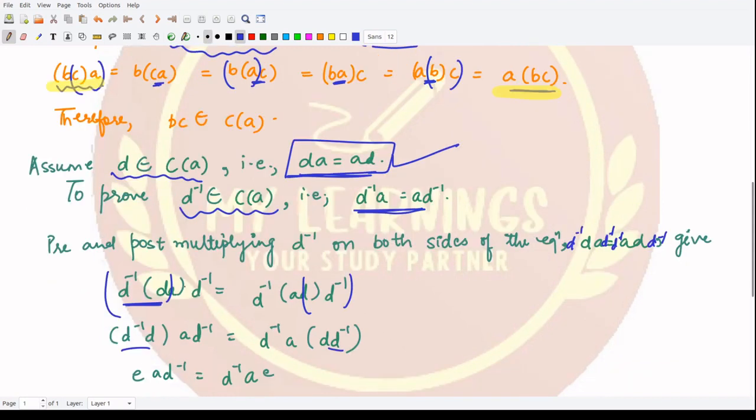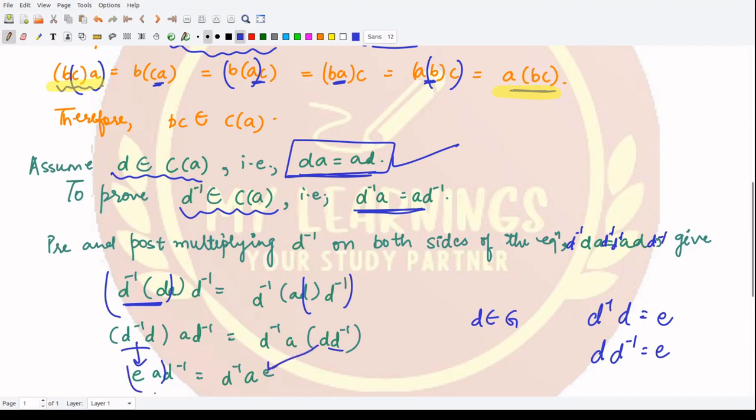Similarly, because D is some element of the group G, because it is present in the centralizer, it means definitely it is present in our group. Therefore the inverse of the same element gives you the identity element, and D inverse D would also give you identity. Hence we have identity here and identity here.